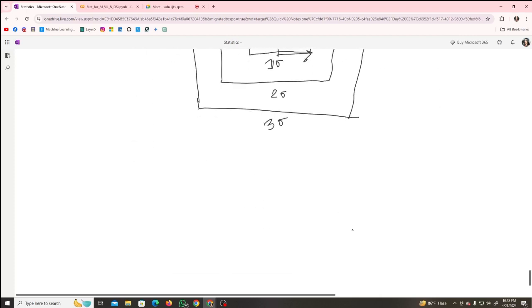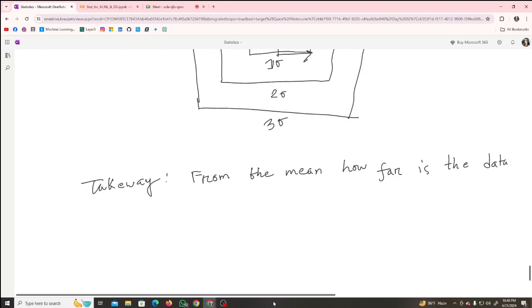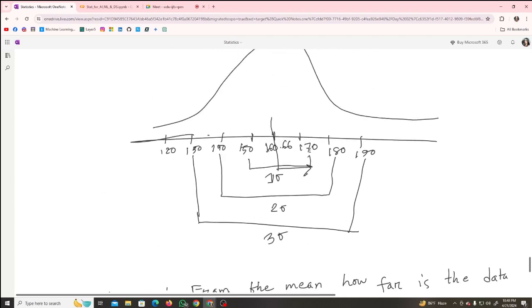So the takeaway from standard deviation is how far the data is from the mean. Like you can tell that your dog's height, which was 170, is one standard deviation right of the mean.